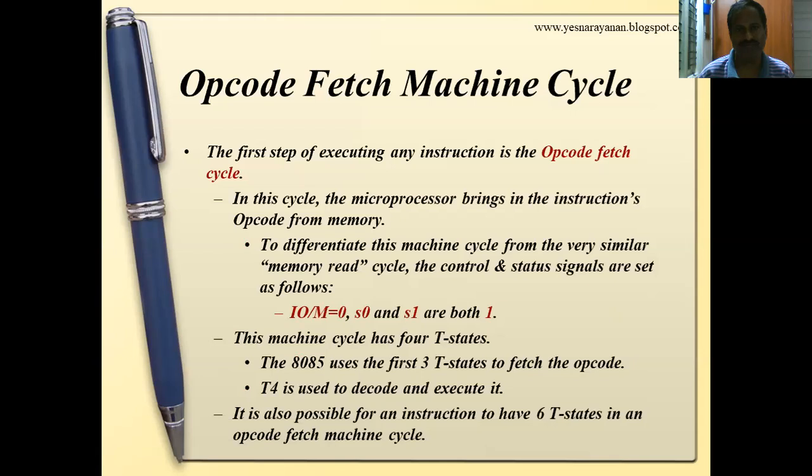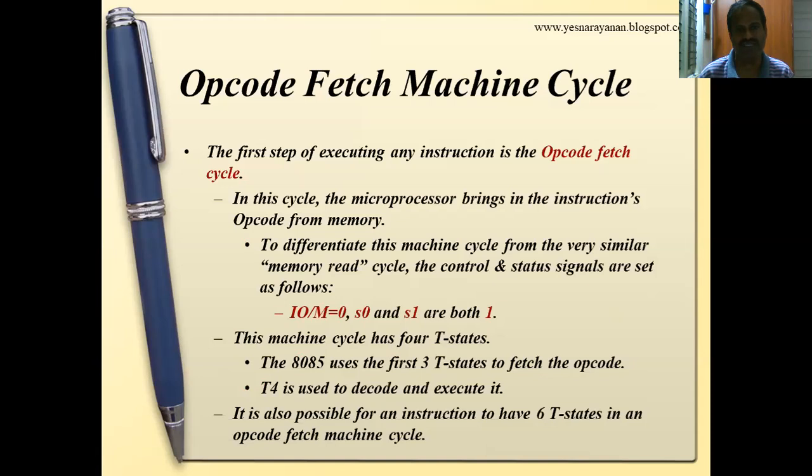Opcode fetch machine cycle. The first step of executing any instruction is the opcode fetch cycle. In this cycle, the microprocessor brings in the instruction's opcode from memory.